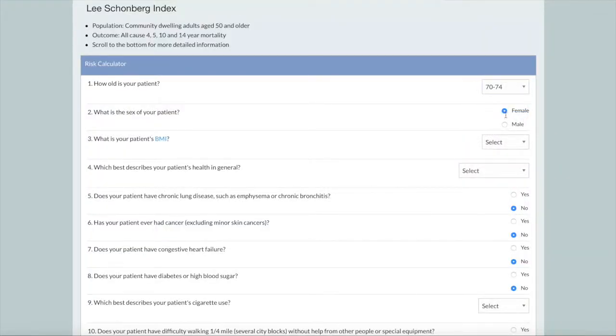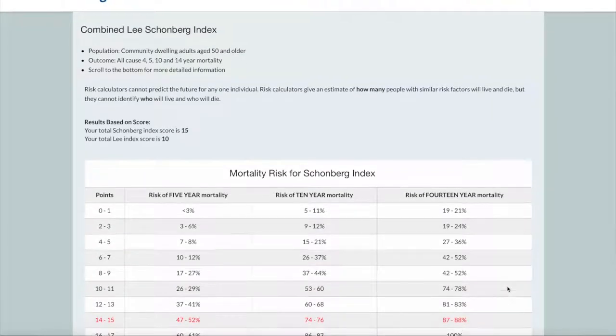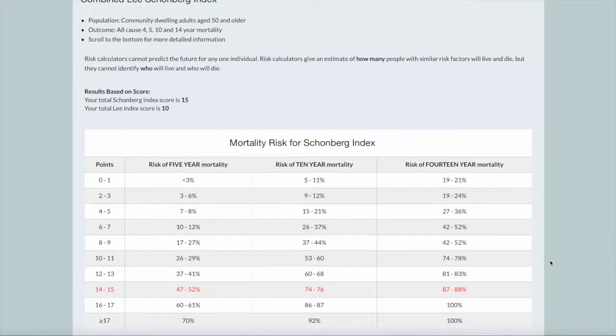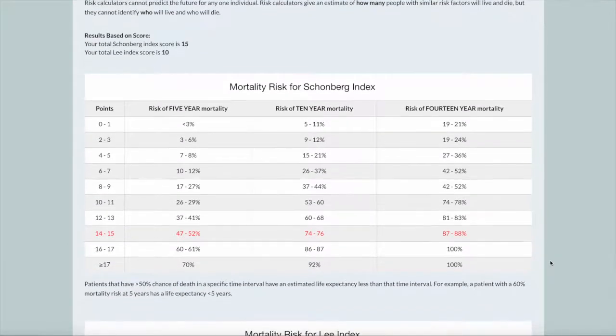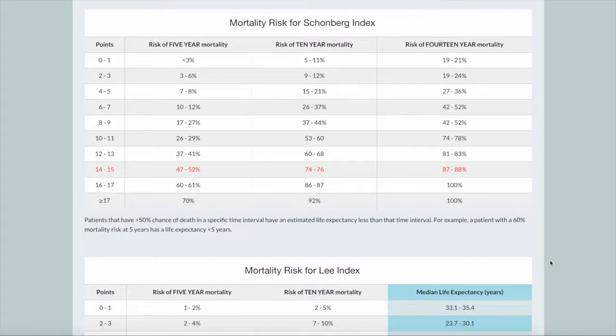They have information about the population in which the prognostic index was derived and validated, information about the accuracy of the particular prognostic model. And then you can calculate and you get taken to a results page which clearly displays what the likely prognosis for life expectancy is for these folks.